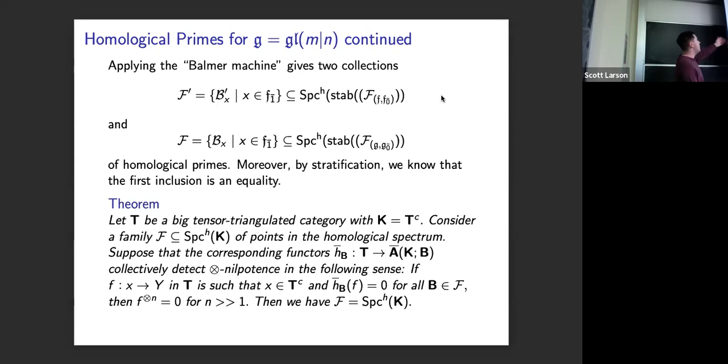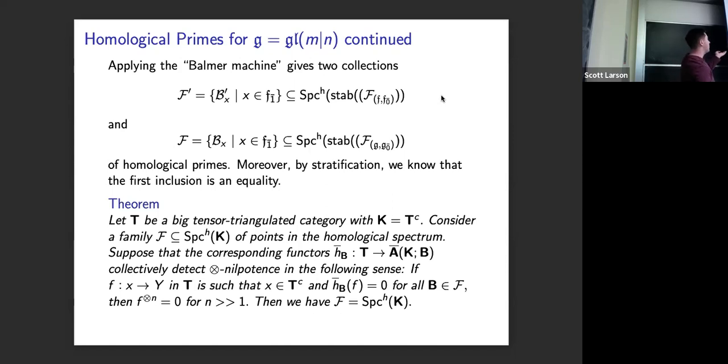But what we wanted to do was see if the second collection contained all the homological primes. That would be the next thing. And that's what we were able to do by looking at nilpotence.